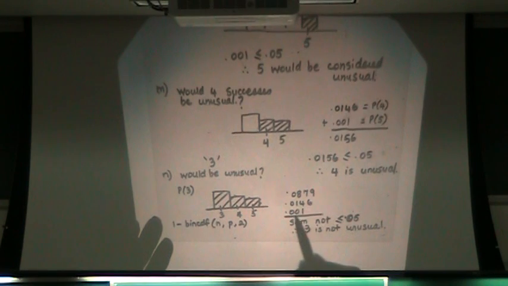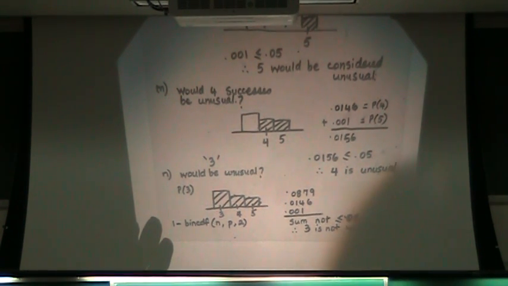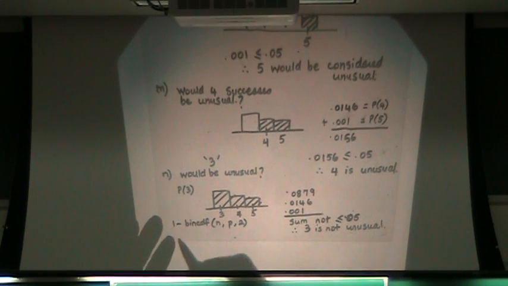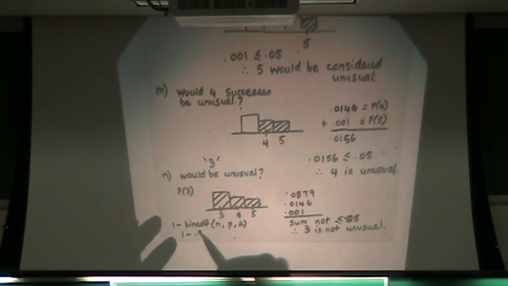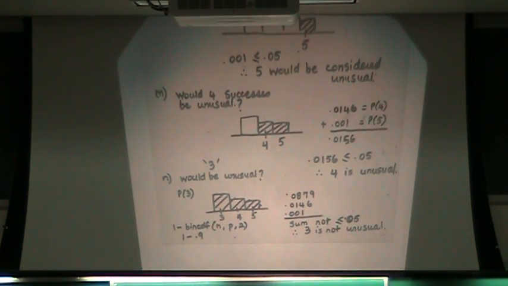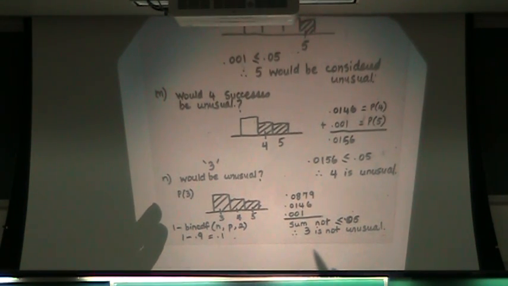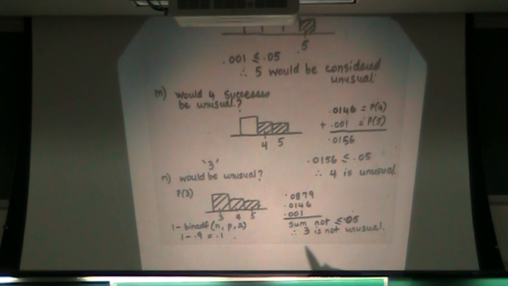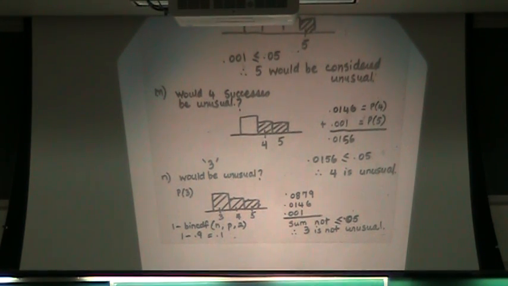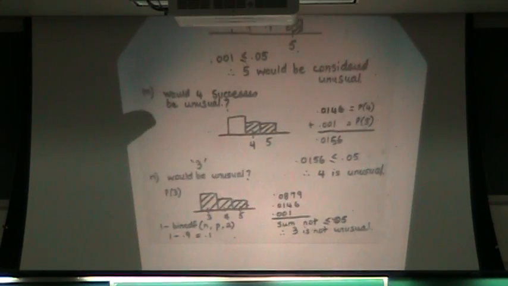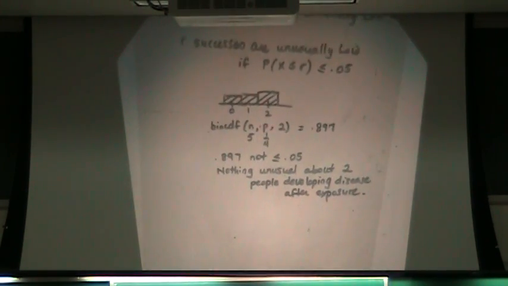Did you get something close? So this is 0.9 basically, right? 1 minus 0.9. 0.897 is 0.9. So did you get roughly 10%? 0.103 is 0.10, right? Look at the rounding.